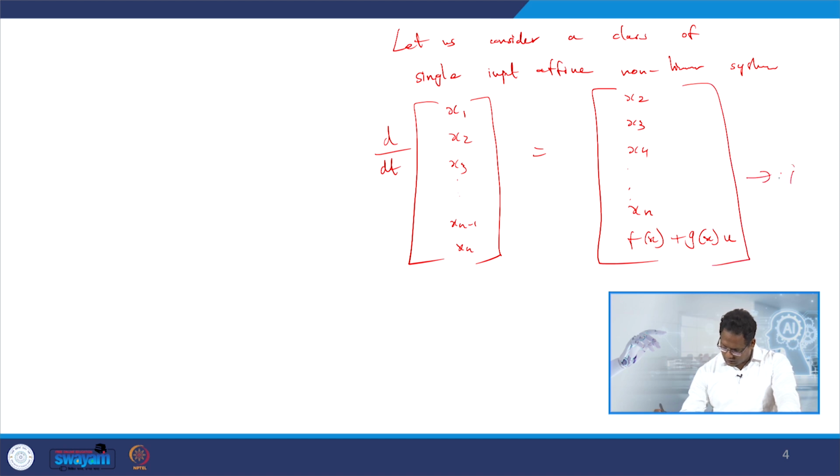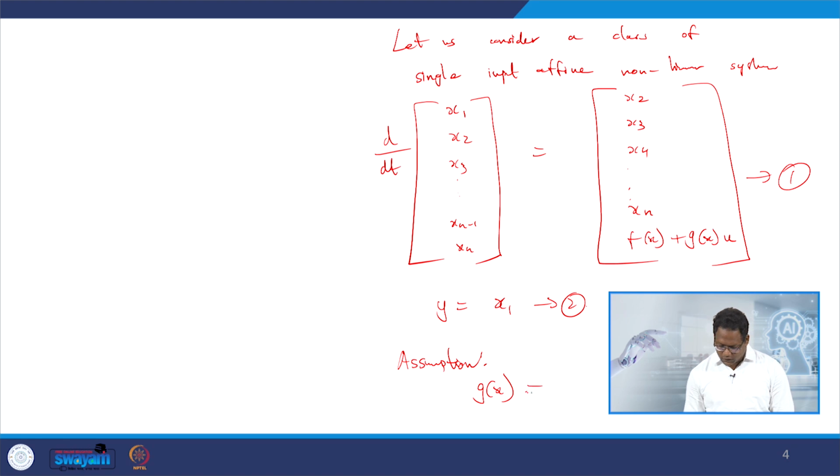Let this be represented by equation number 1. So, we can say that the output equation is given by y equal to x1, it is equation 2. Assuming that g of x is not equal to 0, which implies that g of x is invertible.